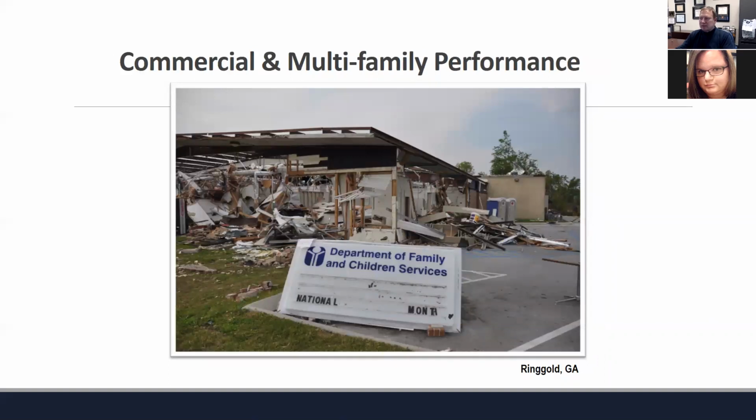This was the Department of Family Services, again, just a typical metal awning with brick facade and stud wall construction on the inside. We actually found a couple of voids in this building that probably would have been safe enough for people to have stayed in the building.